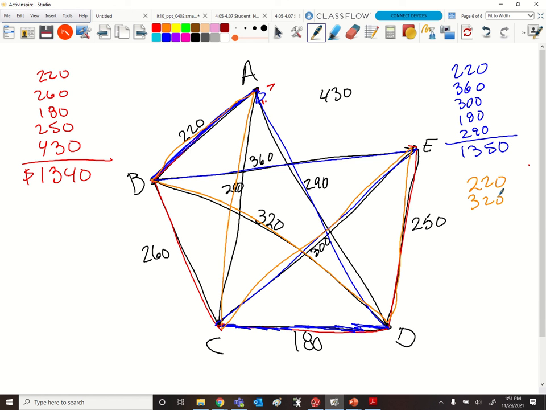Then it is 250, 300, and then 290. No, it's 240. Is that 240? Oh yeah, that's 240. 1330. 1330? Yes. You got it.